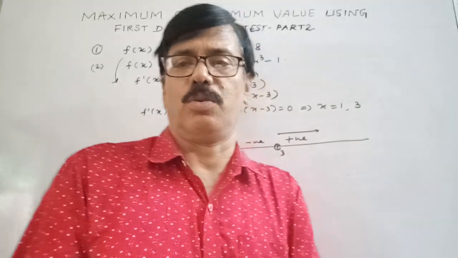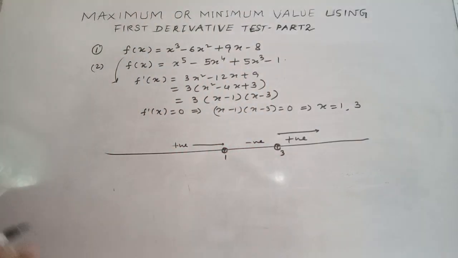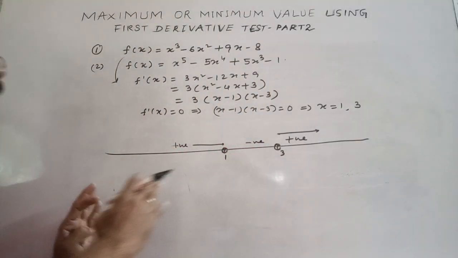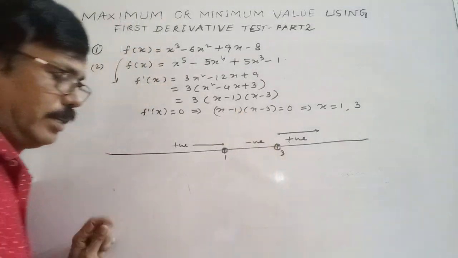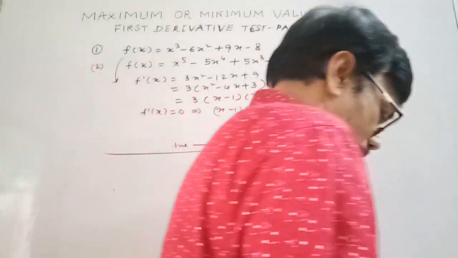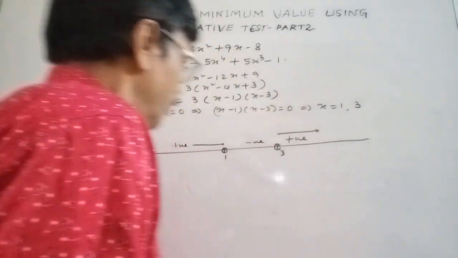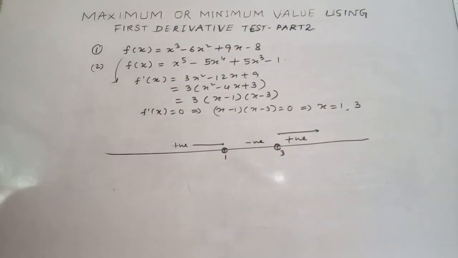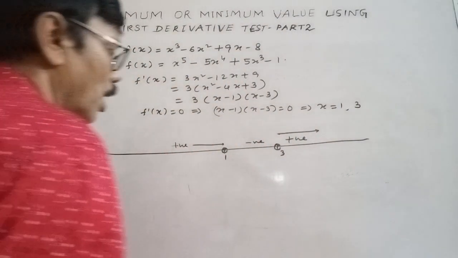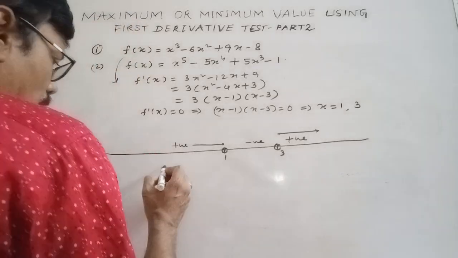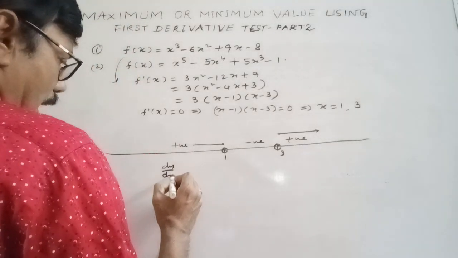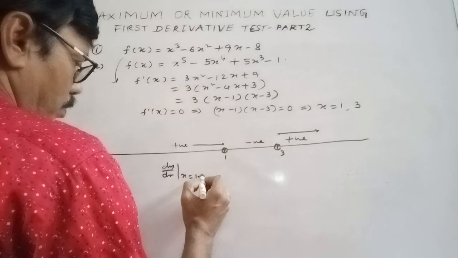So we can conclude f(x) has a maximum or minimum value at x equals 1 and 3.